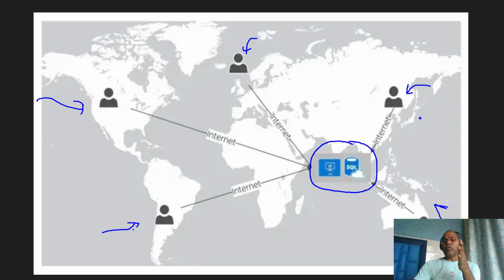In this scenario, some customers access the application from nearer locations, and another accesses from a further distance.